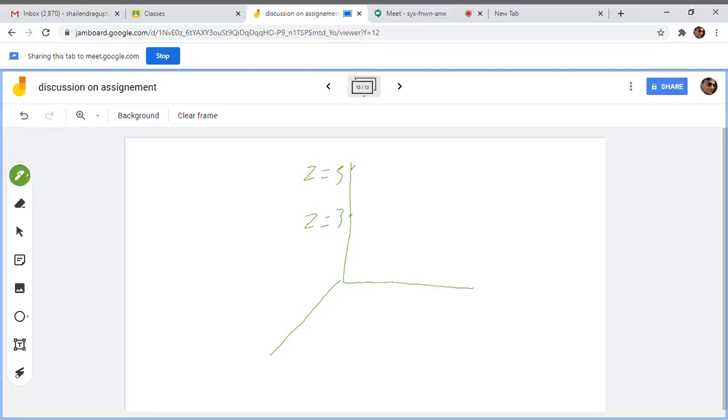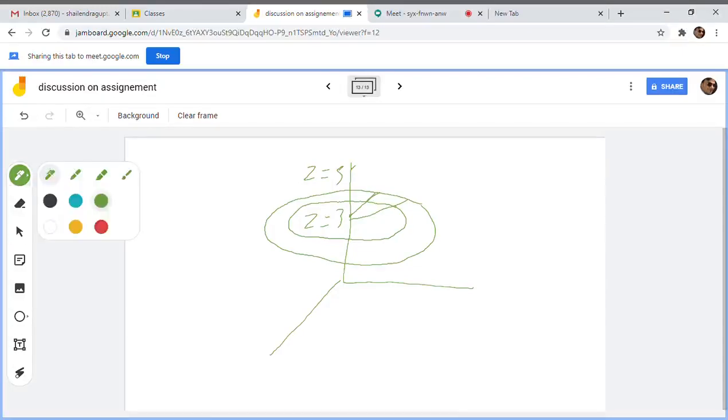Then we have to talk about two circles. So this is 90 degree, 100 degree and 130 degree. So one of the sections will become this.